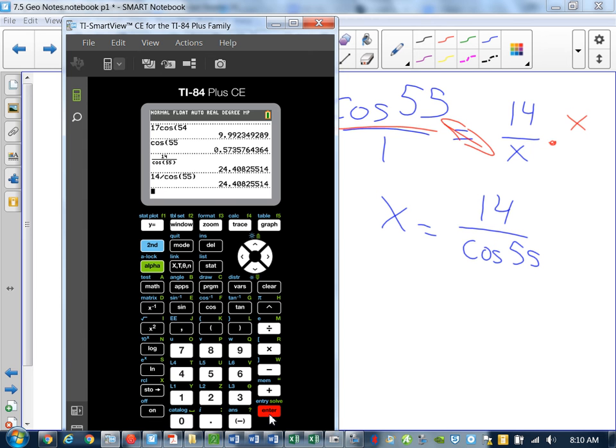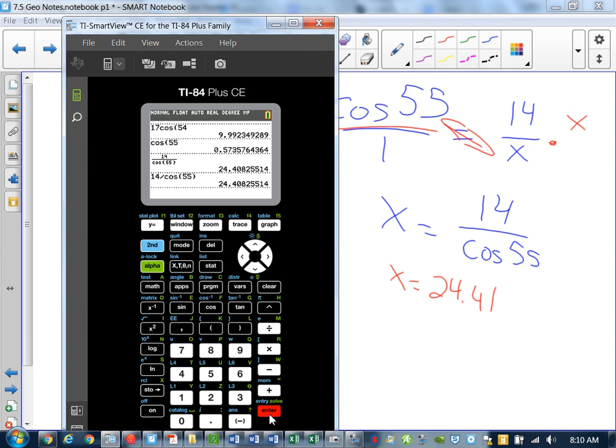Now, if I rounded this, 24.408, what do you round that to? 24.41. Very good. And there's your answer.